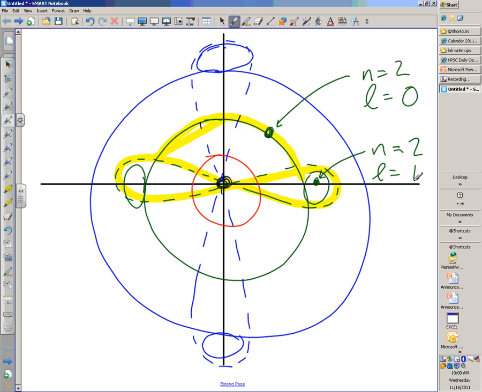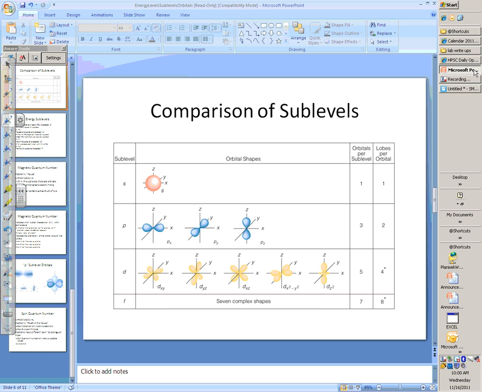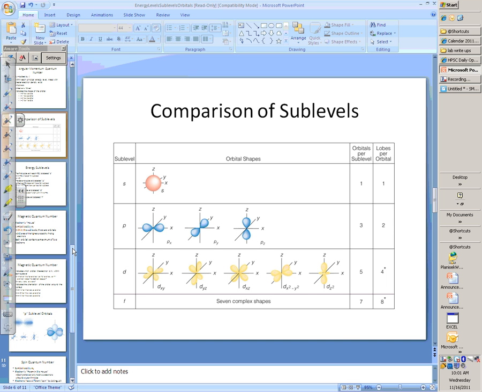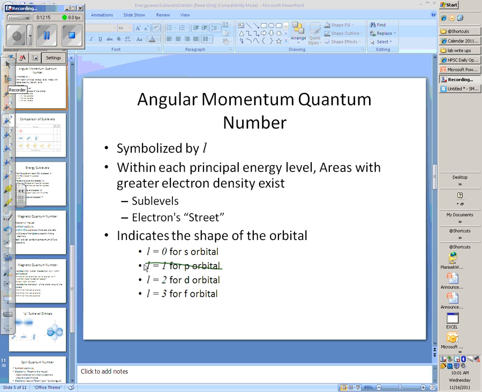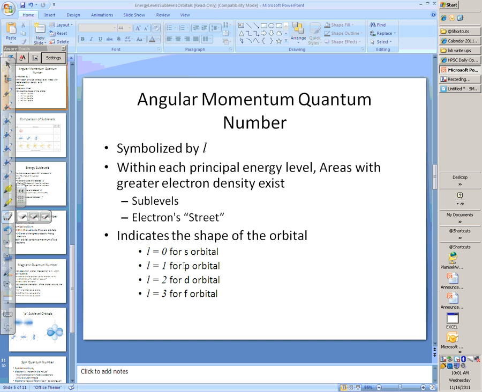Because it's in that figure 8 shape, anytime it's in the figure 8 shape, the p orbital always gets the L equals 1 value, regardless of where it is, big picture-wise.